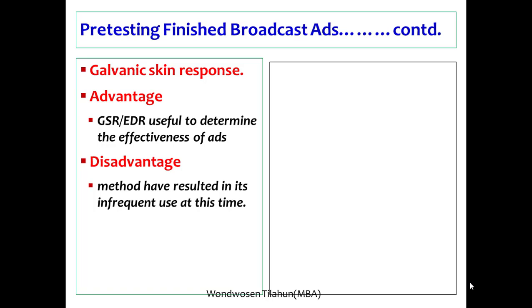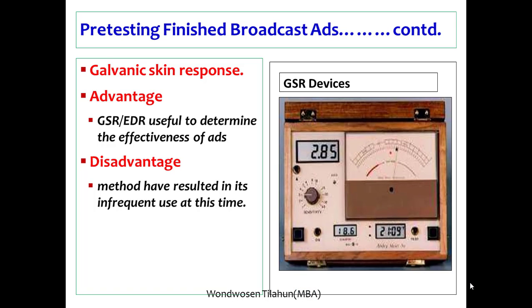Again, they use this kind of device. The GSR device looks like this. It measures the electrical flow of our dermis and the activation of sweat glands, and interprets this figure as to whether they are satisfied or not with the advertisement.